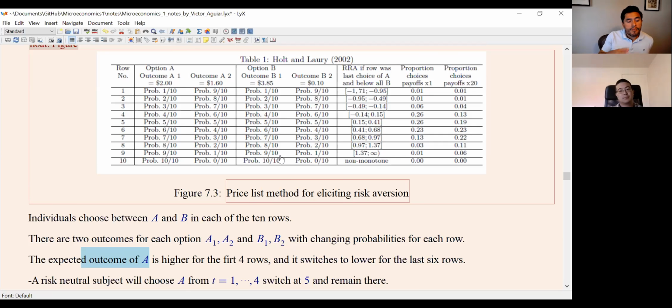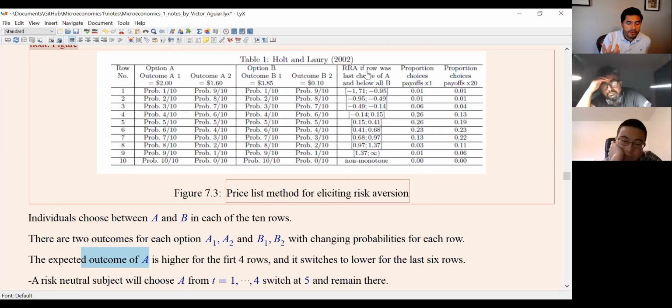Now, the important thing here is that we can also quantify risk aversion and give you a number. How can we do this? Well, we take relative risk aversion and think of a simple model like CRRA. Then I look at the parameters under this model and see what the predictions of the model are.